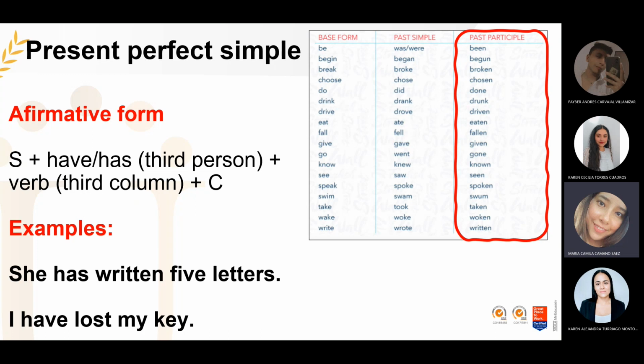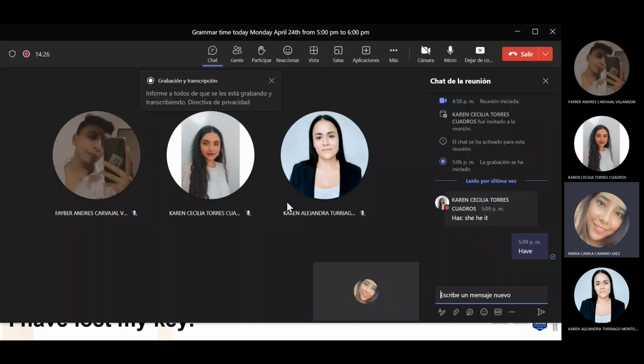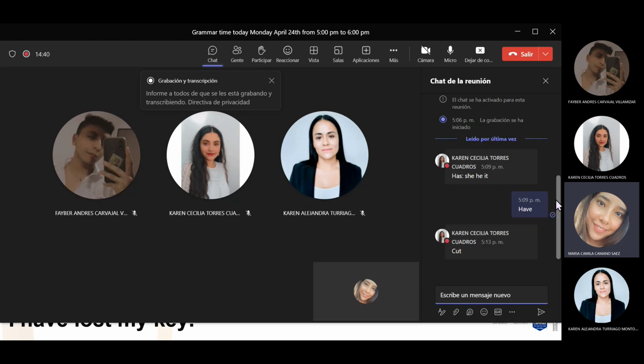Who wants to give an example in the chat about this kind of verbs as cut? Let's see. Who remembers? Yeah, that was my example, Karin. But please give another one.